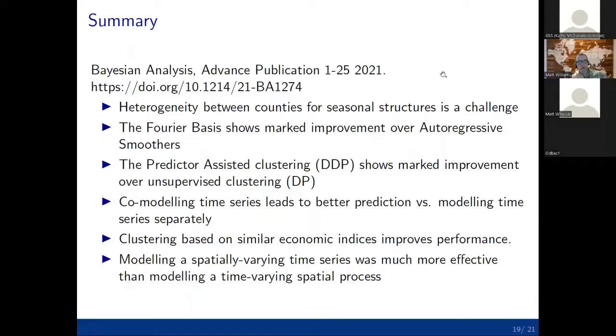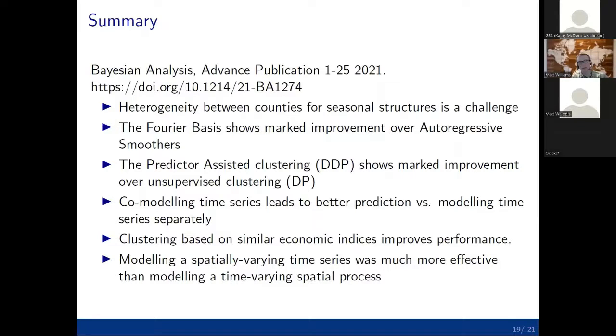To summarize, heterogeneity between counties, heterogeneity between time series that we want to combine is actually a pretty tricky challenge for seasonal structures. It looks like the Fourier basis, even though it's a little bit less flexible than these autoregressive smoothers, because it's so efficient, it does a nice job helping us with the other terms in the model. The predictor-assisted clustering, again, which I didn't have a lot of details going into, does better than the unsupervised clustering.